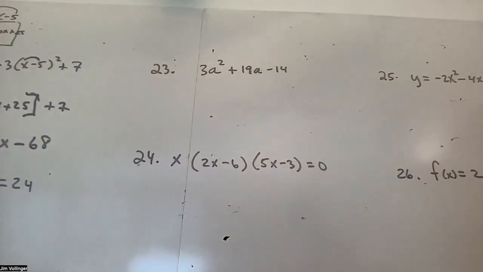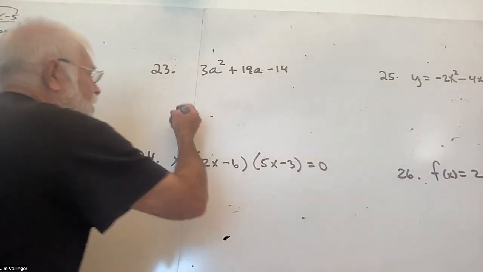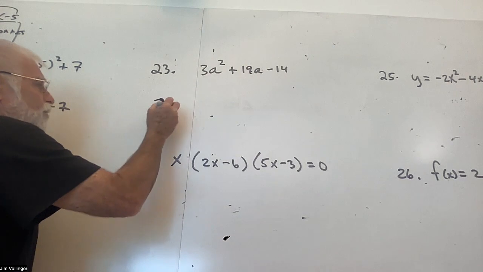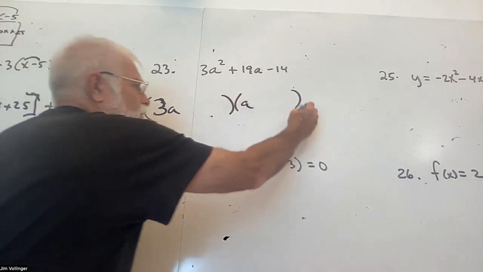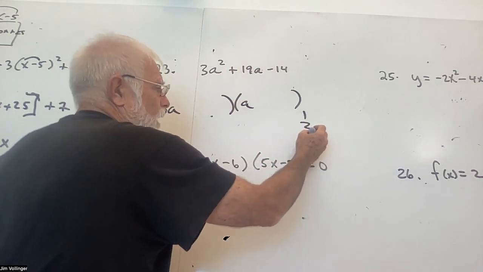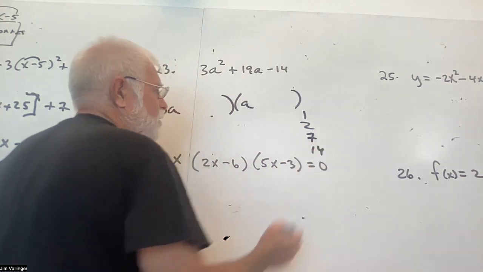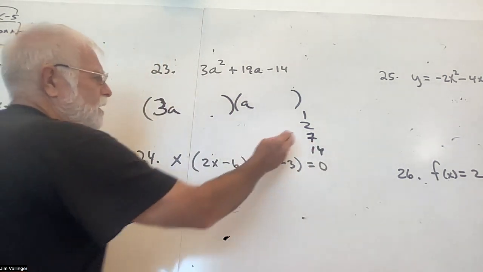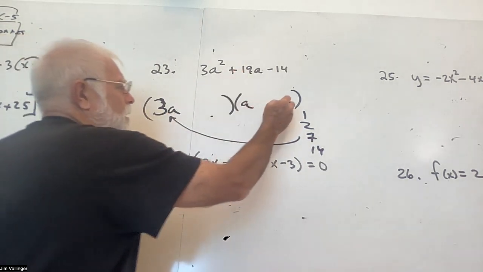All right, so this is probably the one that I asked you to factor. Yeah, I'm sure this is the factoring one. So let's put a 3a here. Let's put an a there. Now we have choices of 1, 2, 7, and 14. That's our only choices. Sure looks like 7 times 3 is 21.